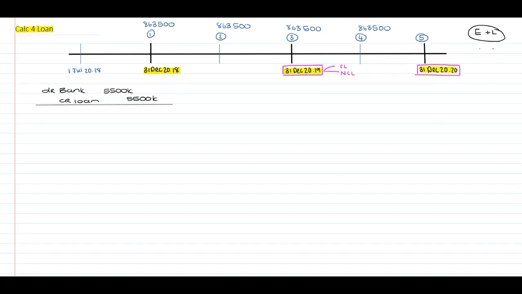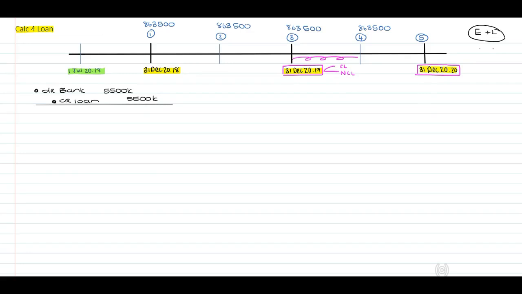And guys, what do we need to identify? If there's any interest payable for the 2020 period. Okay, now when we look at the information provided, they've indicated to us that initial recognition date is 1 July 2018. Therefore, we will debit the bank and credit our loan with 5.5 million.